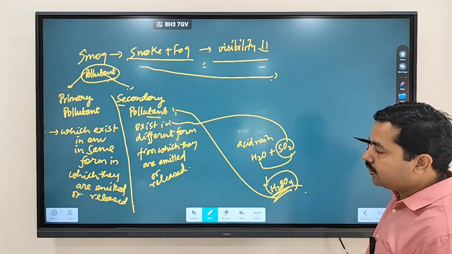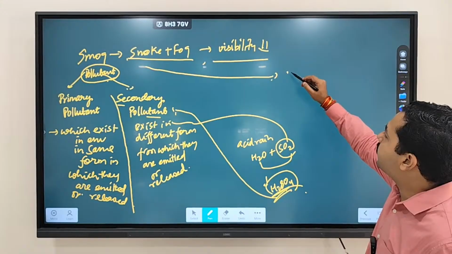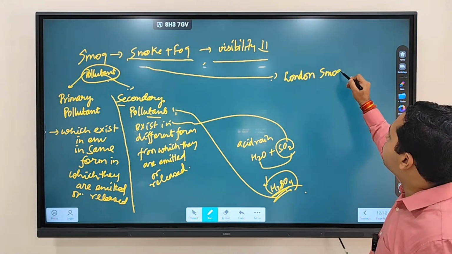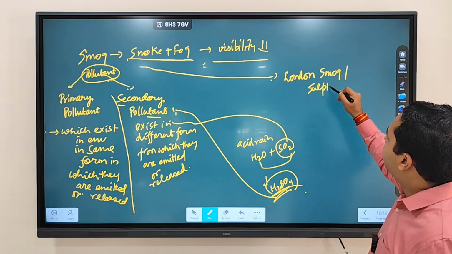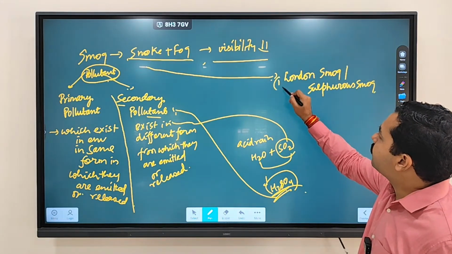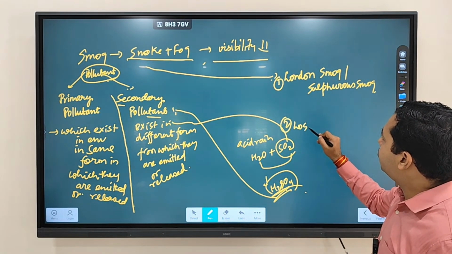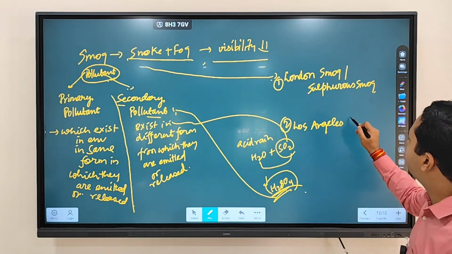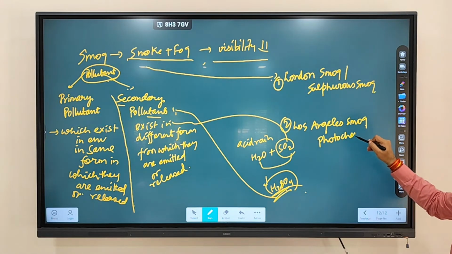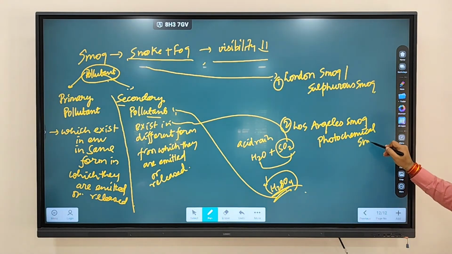Because of this, there are different kinds of smog. One is called London smog or sulfurous smog. And the second type of smog is called Los Angeles smog, also known as photochemical smog.